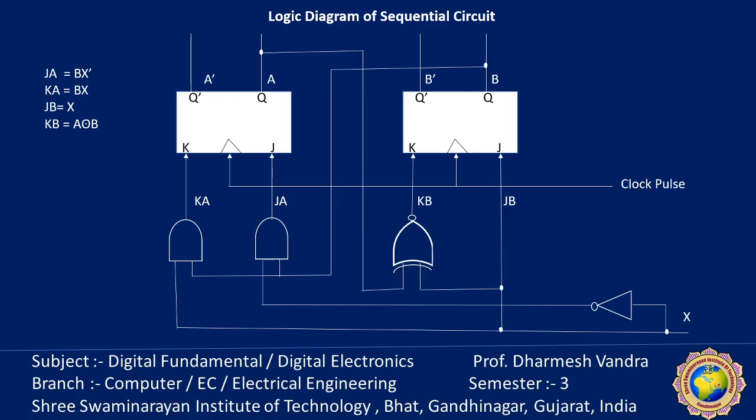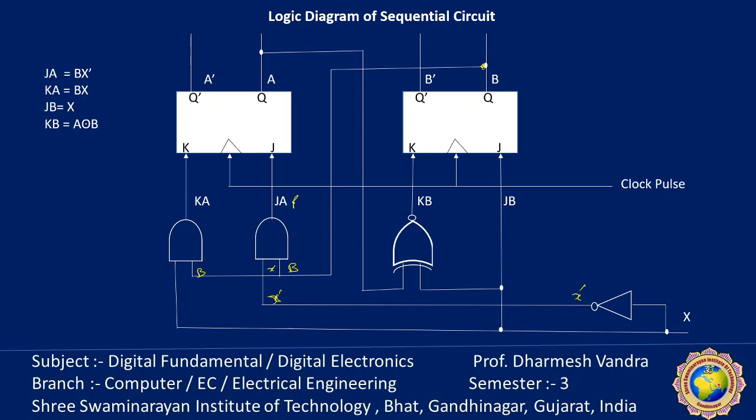So now we have this type of the gate. JA is B. This one is the B. And the second one is here X and X dash. So X dash is that.